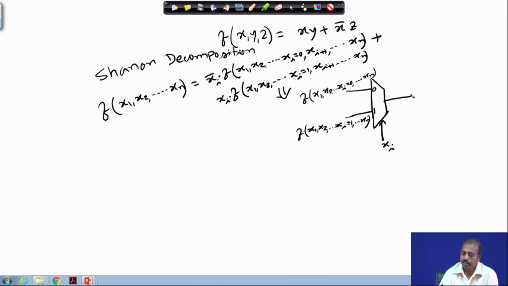Then again this function can be decomposed using Shannon decomposition around another variable. So, that way it goes on. Okay, so let us take an example, say this function that we are talking about.